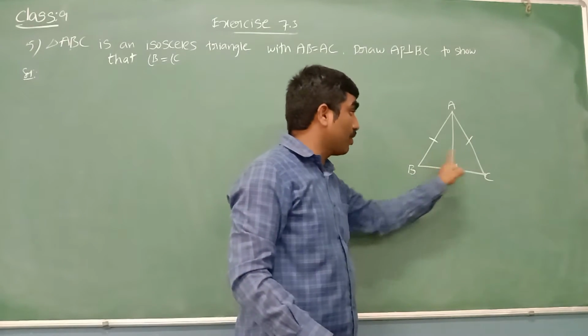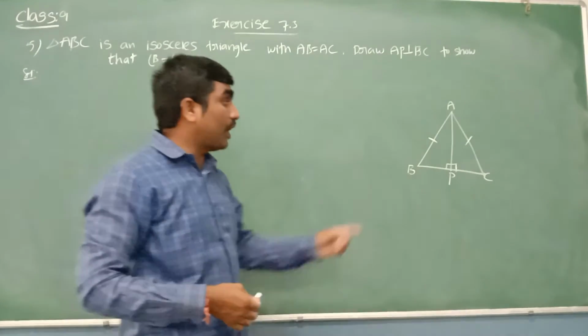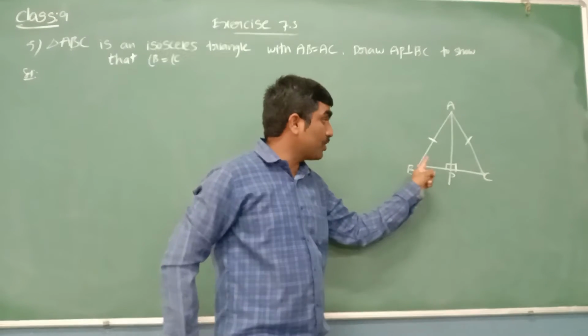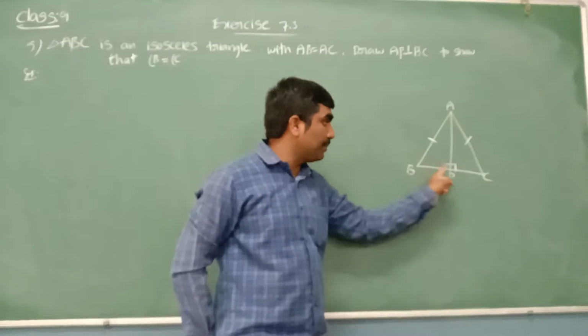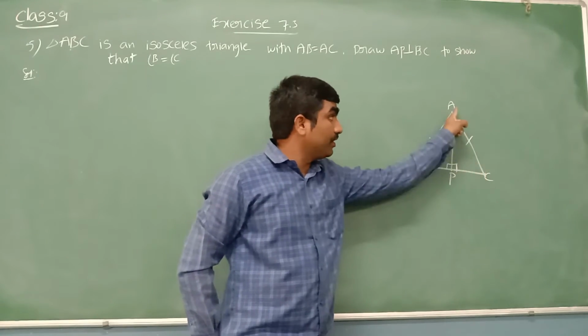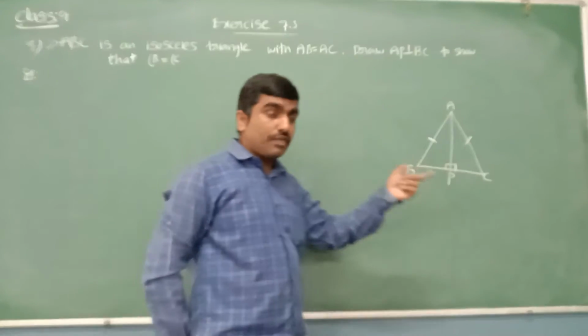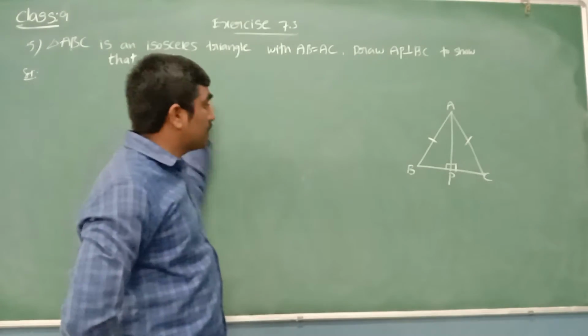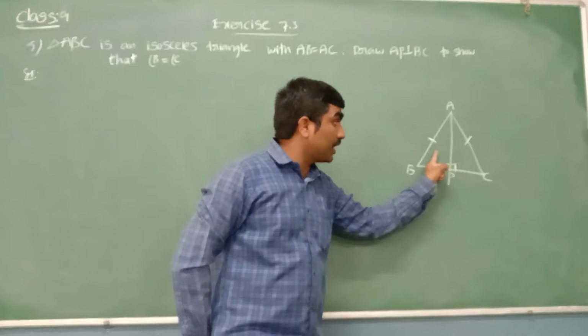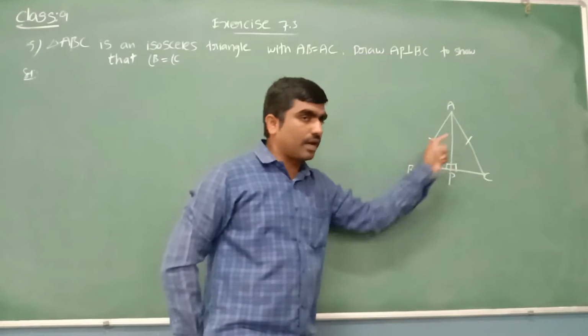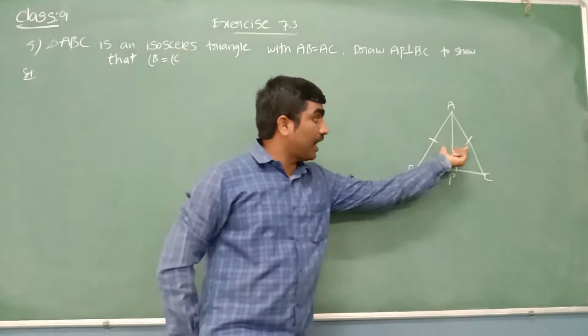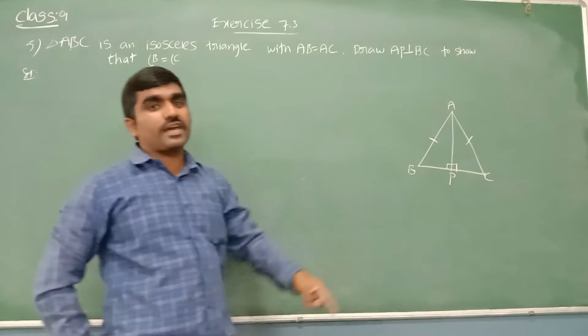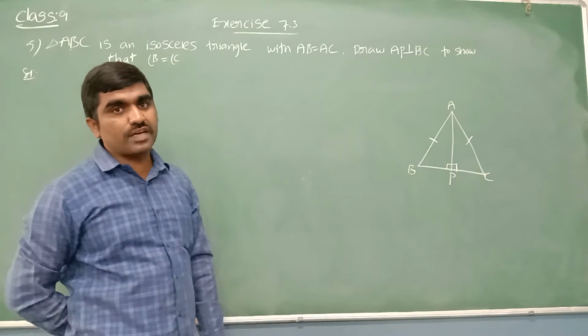Two angles are equal. When can we say that two angles are equal? Based on angle B, we will take triangle ABP. Based on angle C, we will take triangle ACP. If you want to prove two angles are equal, take two triangles based on the two angles and prove they are congruent. Why? Because once two triangles are congruent, by CPCT we can say that corresponding angles are equal.